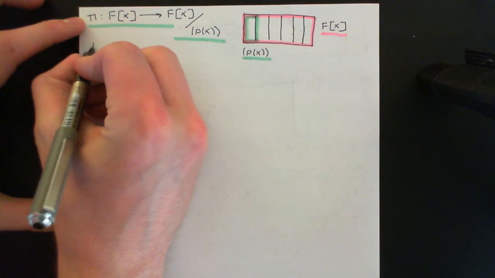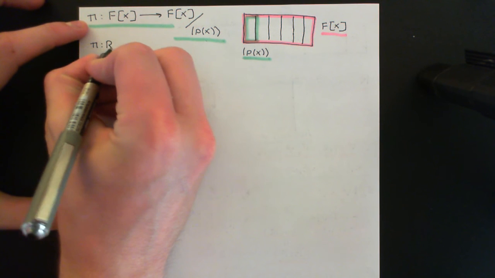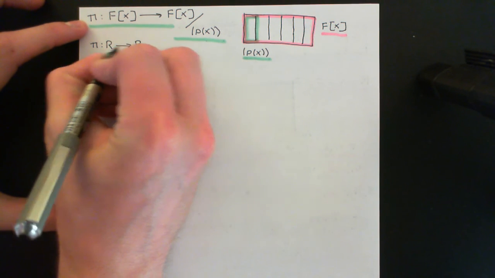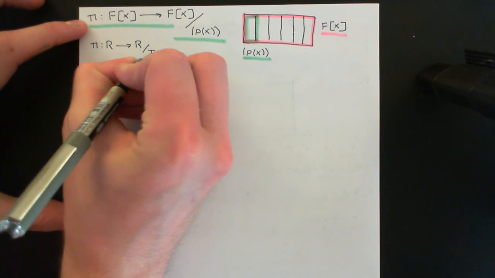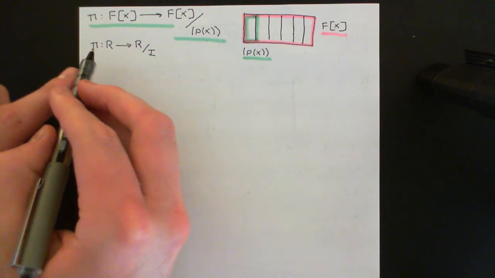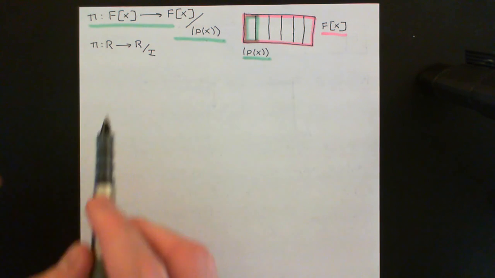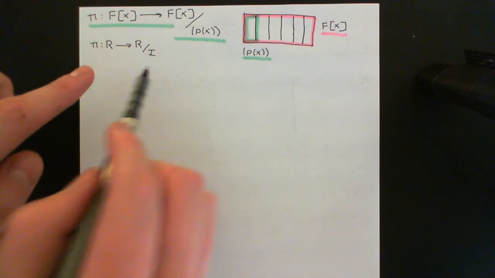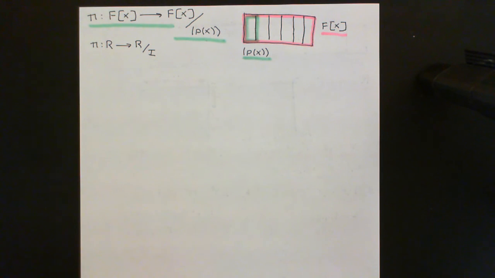Okay, so for an arbitrary ring, you can always say that there is a very natural ring homomorphism from the ring into the quotient ring R out by an ideal, where you just map all of the elements onto the cosets of the quotient ring here, okay, that contain them.